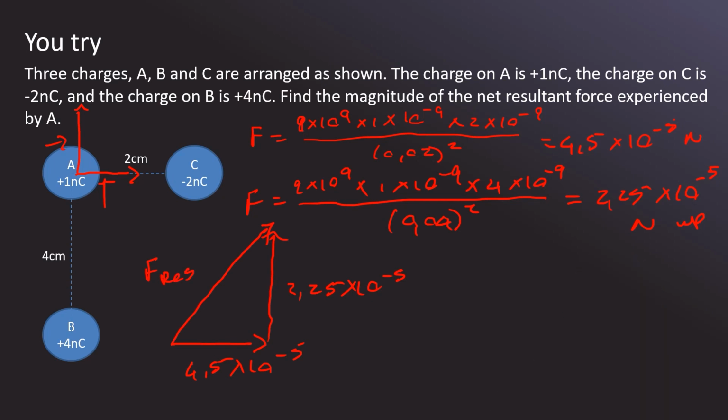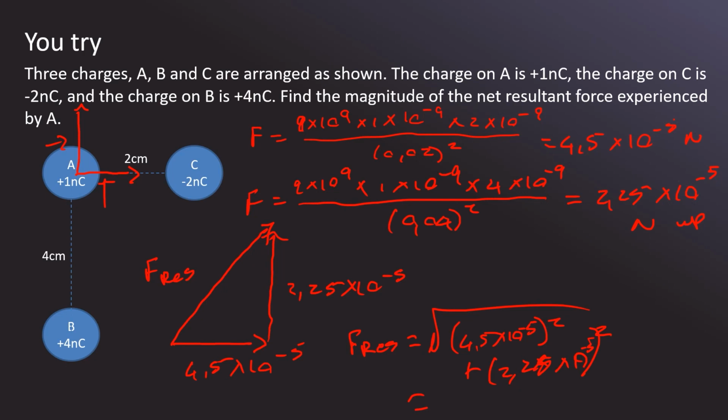Okay, so again, I'm just going to use Pythagoras. So the F res is going to be equal to the root of this 4.5 times 10 to the negative 5 squared plus the 2.25 times 10 to the negative 5 squared, and then let's see what we get there.